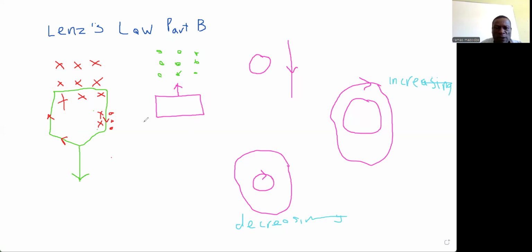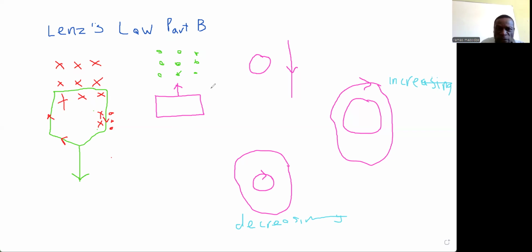The second option is, as you are moving, the external field is coming out of the page. As you move the coil towards the magnetic field, it is going to be an increase. There's going to be a change in magnetic flux around the coil, and you ask yourself, is this change an increase or a decrease?